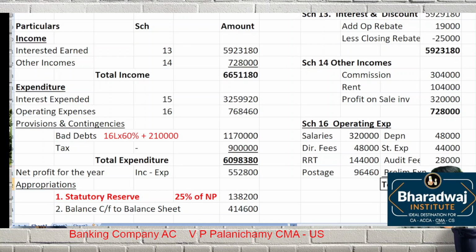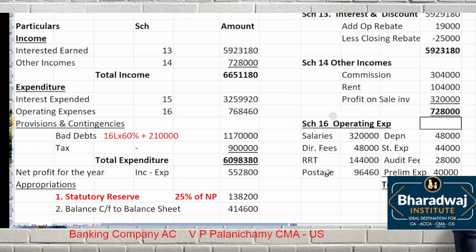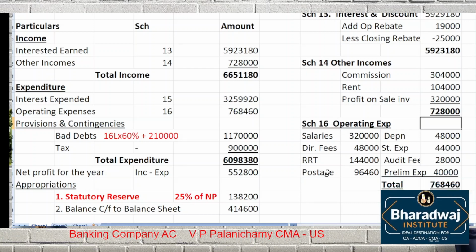Preliminary expenses we write off compulsorily, that 40,000. So prepare 13, 14, 15 no schedule or no detail, 16 total it. You shall copy this.